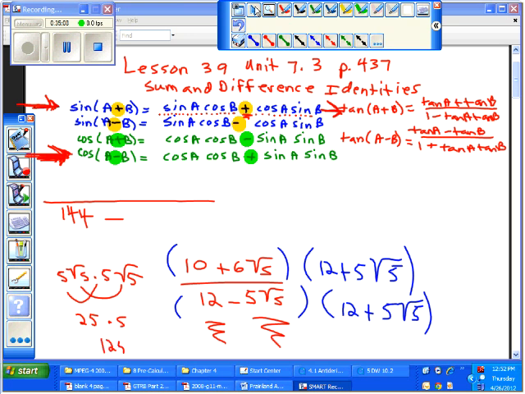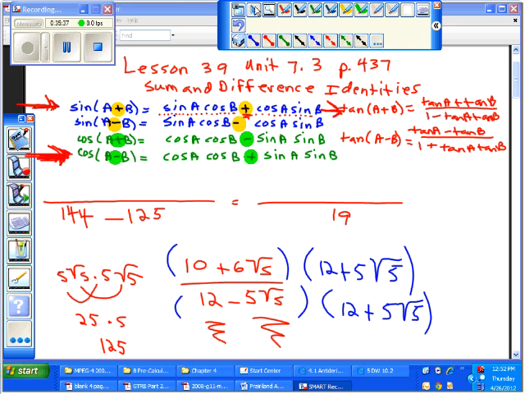So you're going to have 25 times 5 is 125. So you have 12 squared, 144, minus 5 square root 5 squared, which is 125. On the bottom, there's no radical anymore. You have rationalized the denominator. Now, when you actually subtract those, you're going to get a 19 for a denominator. That got a lot prettier. Everybody see how we got that?